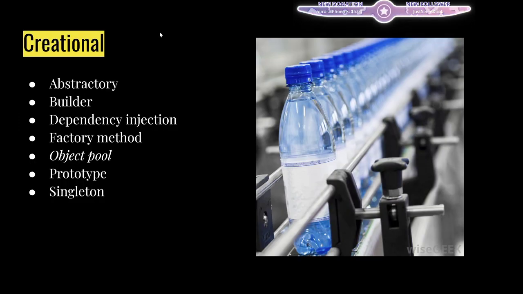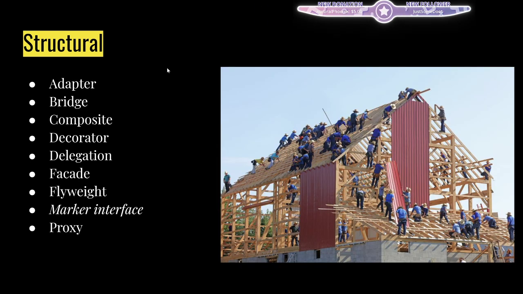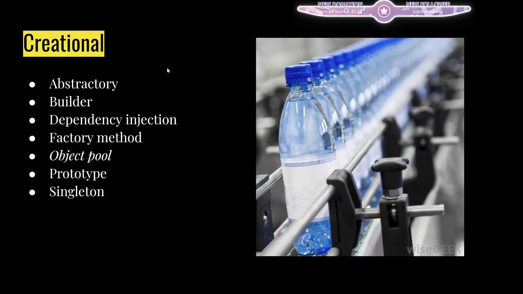The first category of design patterns is creational: abstract factory, builder, dependency injection, factory method, object pool, prototype, singleton. Creational patterns solve a problem of basically how do we create new objects. Always new objects, nothing more.